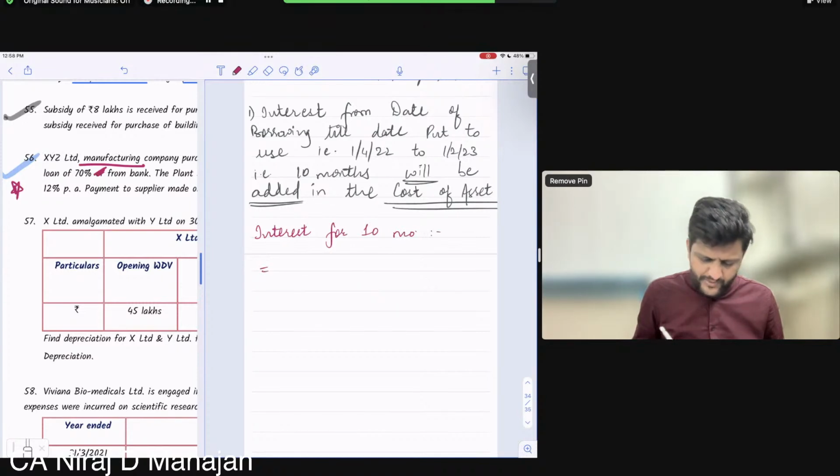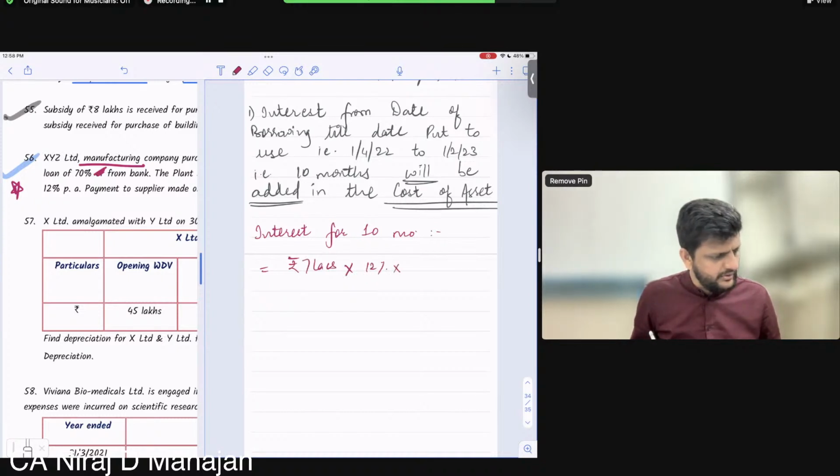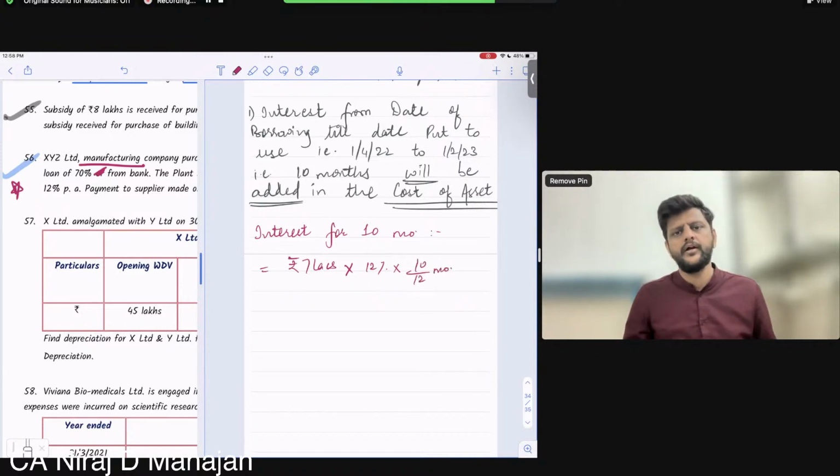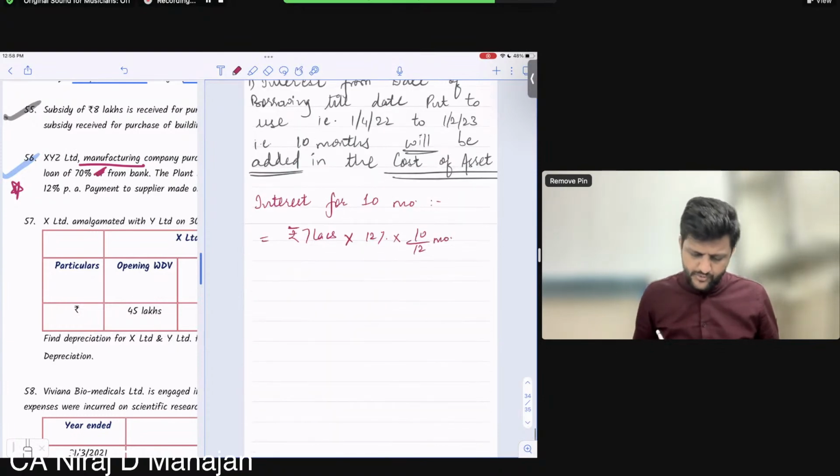My loan amount itself will be 7 lakhs. Don't forget that. So 7 lakhs into 12% into how many months? 10 months. 10 by 12. How much does this amount come to?